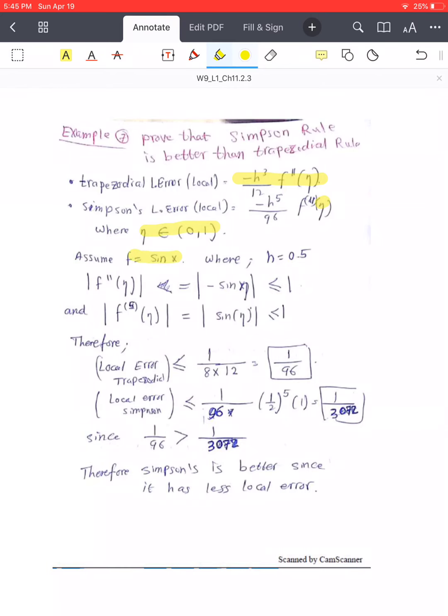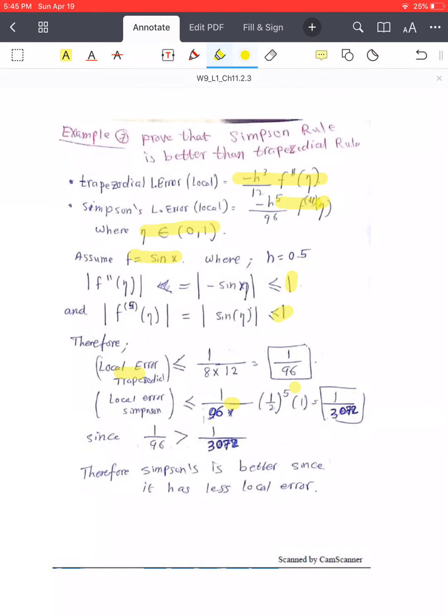So the second derivative is sine or cosine, it means the largest value is 1. And the fourth derivative is also sine or cosine, the largest value is 1. Because we don't know what sine eta or cosine eta is, because eta is unknown. But we know the largest value is 1. So here, local error is h cubed divided by this times this one, and here this one times h power 5.